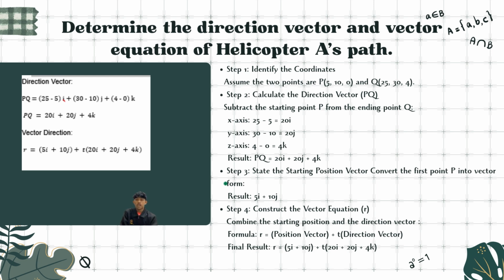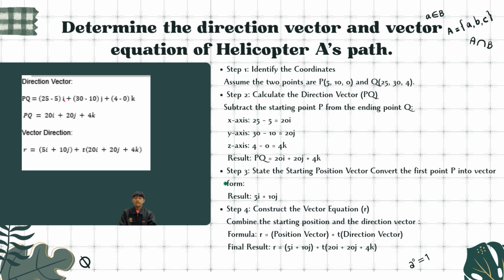For the x-axis, we can calculate 25 minus 5, which equals 20. For the y-axis, 30 minus 10 equals 20. For the z-axis, 4 minus 0 equals 4. Therefore, the direction vector of the helicopter is 20i plus 20j plus 4k. This vector shows the direction in which the helicopter is traveling.